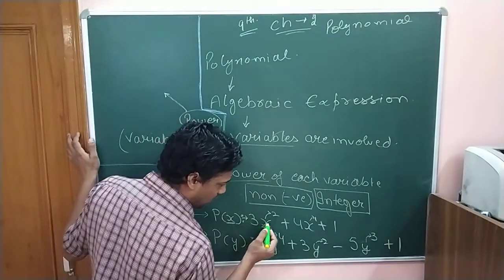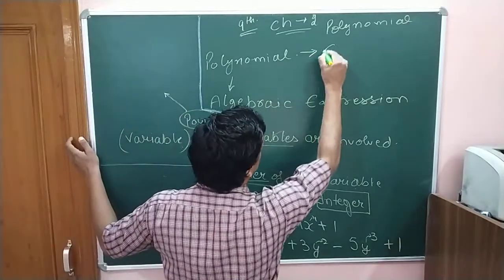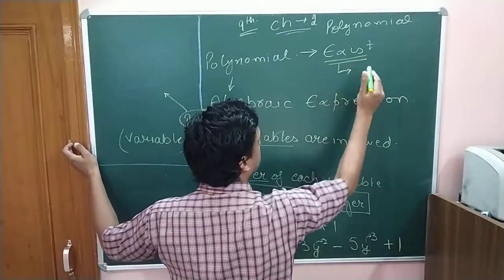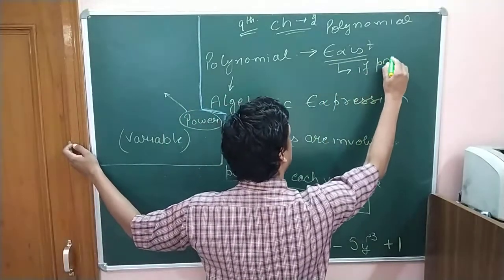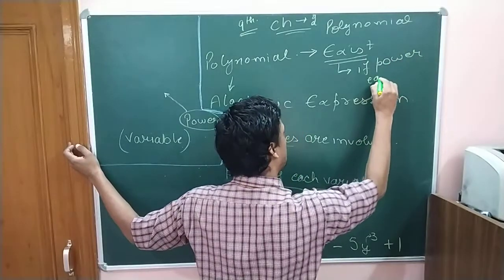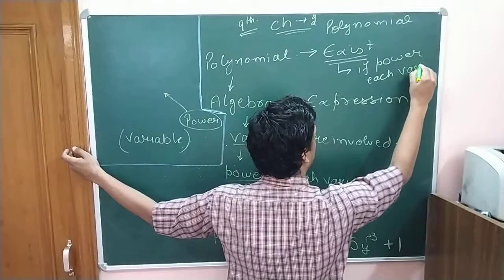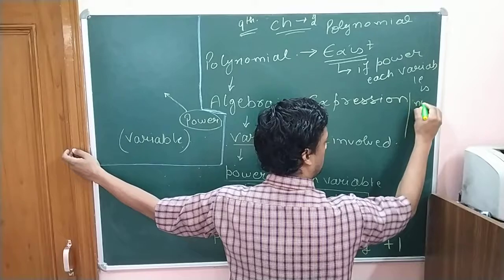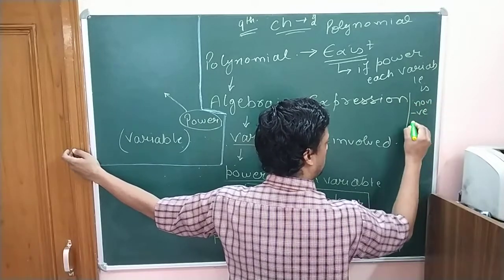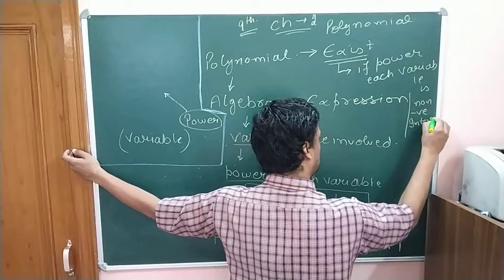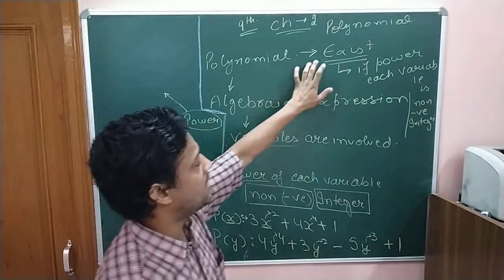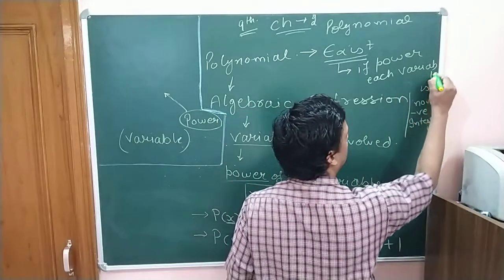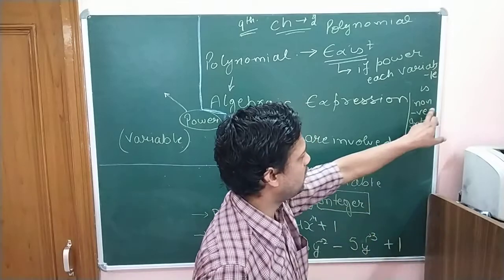Now, when does a polynomial exist? First question: a polynomial exists if the power of each variable is a non-negative integer.